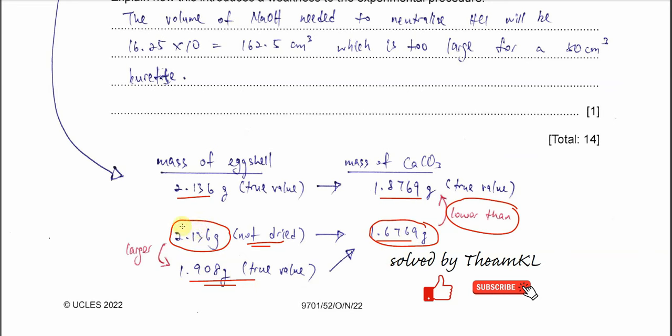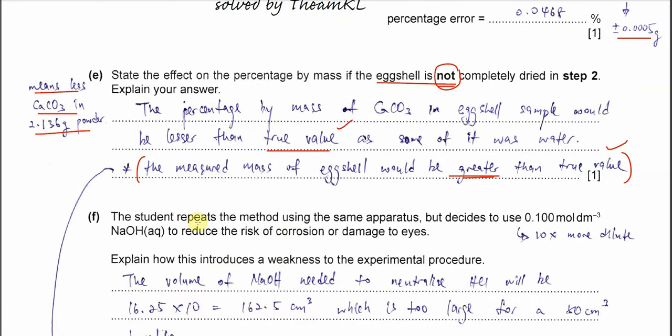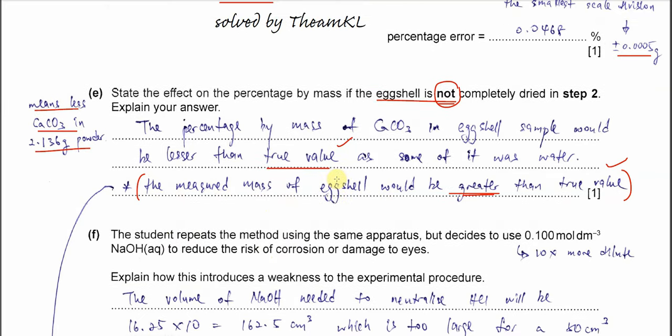The measured mass here, which is the not dry mass, is larger than the true value. This is the meaning. Why is the measured mass larger than the true value? Because the true value is supposed to be lower if it's dry. That's why the mark scheme gave this answer. The measured mass of eggshell would be greater than the true value.